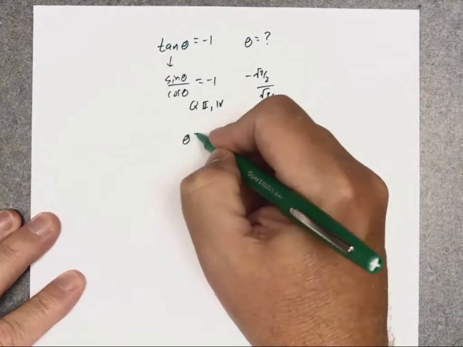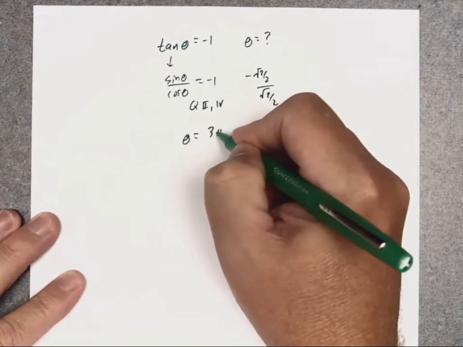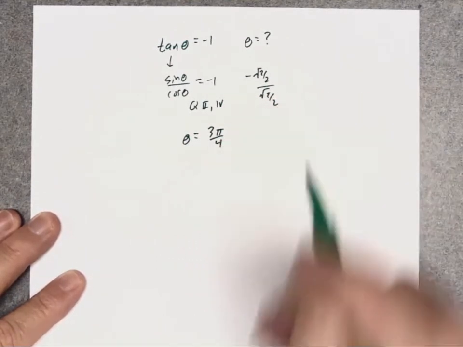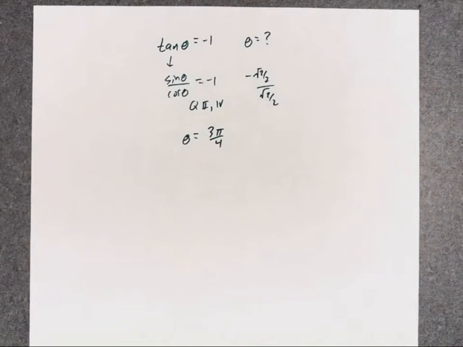And of course that occurs at 3 pi over 4. At 3 pi over 4, the sine is square root of 2 over 2. The cosine is negative square root of 2 over 2. So the tangent of 3 pi over 4 is going to be -1.